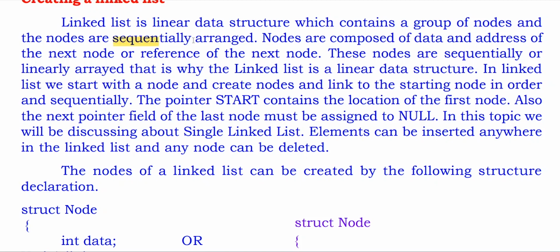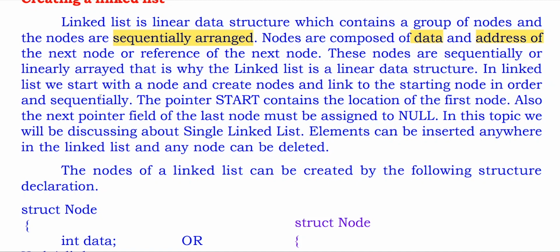That's very important. Nodes are composed of two fields: data, and the address or reference of the next node. These nodes are sequentially arranged, so that's why it's called a linear data structure.